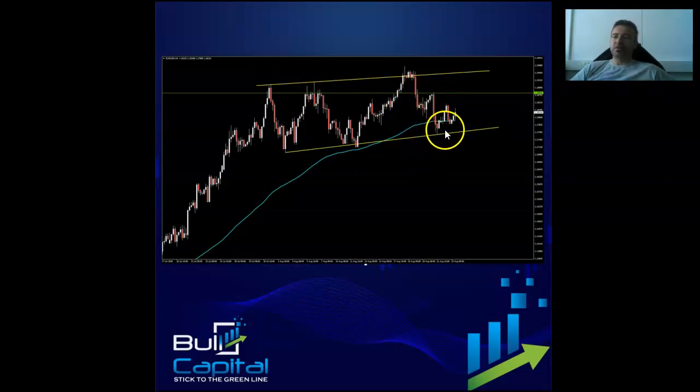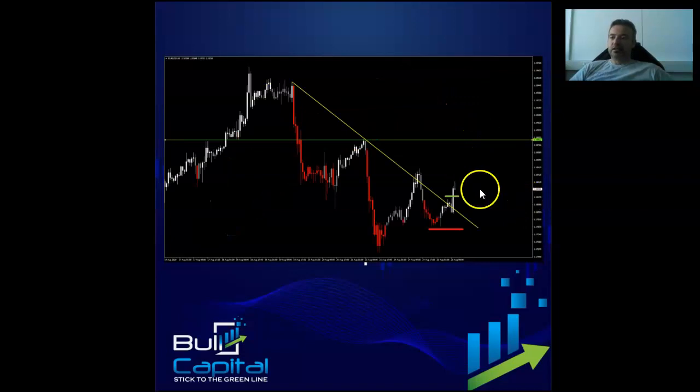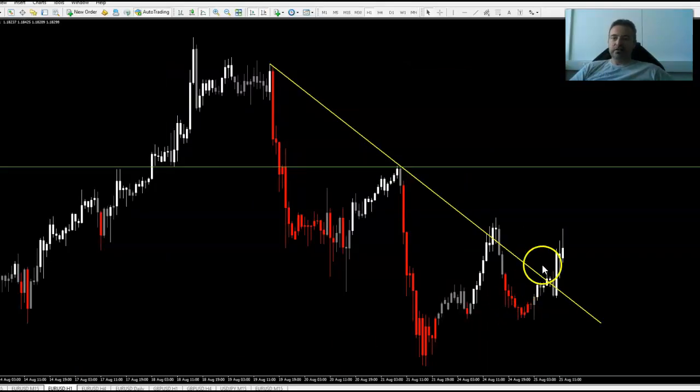You can actually use many tools for targeting. You can use Fibonacci, you can use moving averages, you can use last highs and lows. There are many ways to find your perfect target. You see, this is actually a live trade.